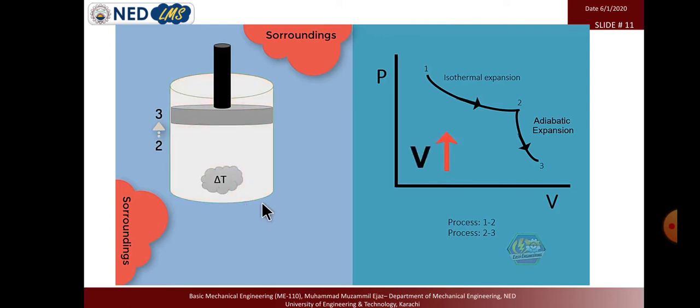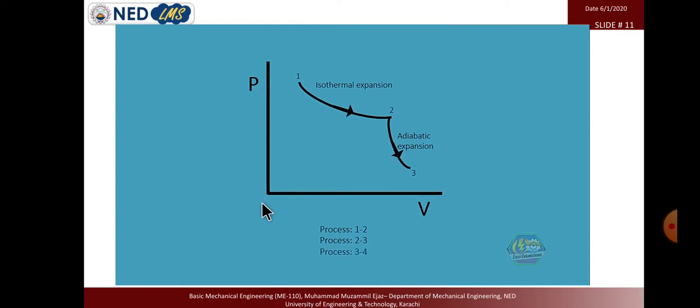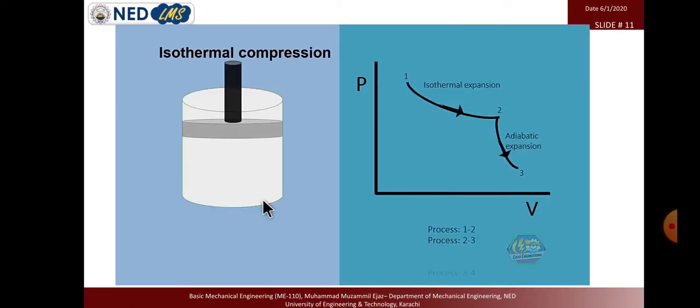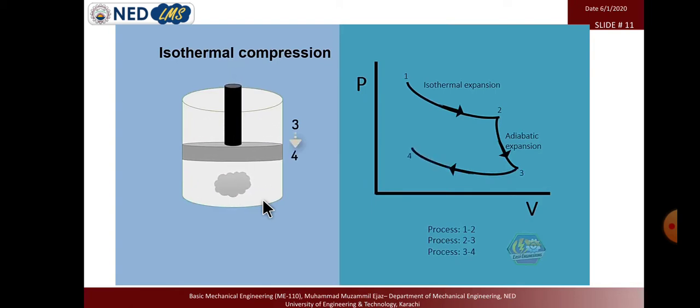In this process, our volume increases and pressure decreases. Third process is the isothermal compression. By compression, it means volume is decreased and as a result, pressure increases. In this process, heat energy from the gas is transferred into the heat sink.